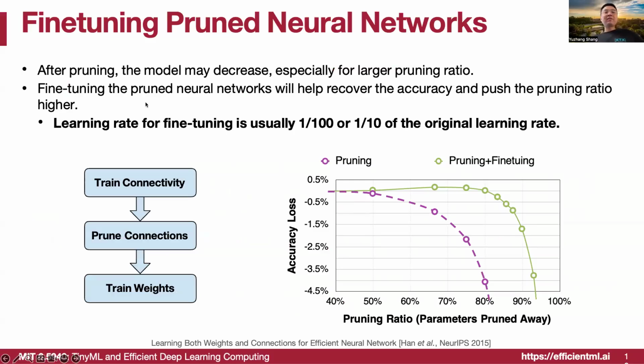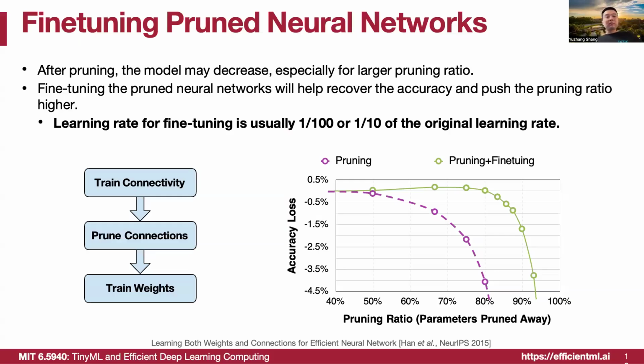So basically, after pruning, if we do those pruning in a training-free manner, the model's performance may decrease, right? Especially for a larger pruning ratio. So fine-tuning the pruned neural network will help recover the accuracy and push the pruning ratio higher.